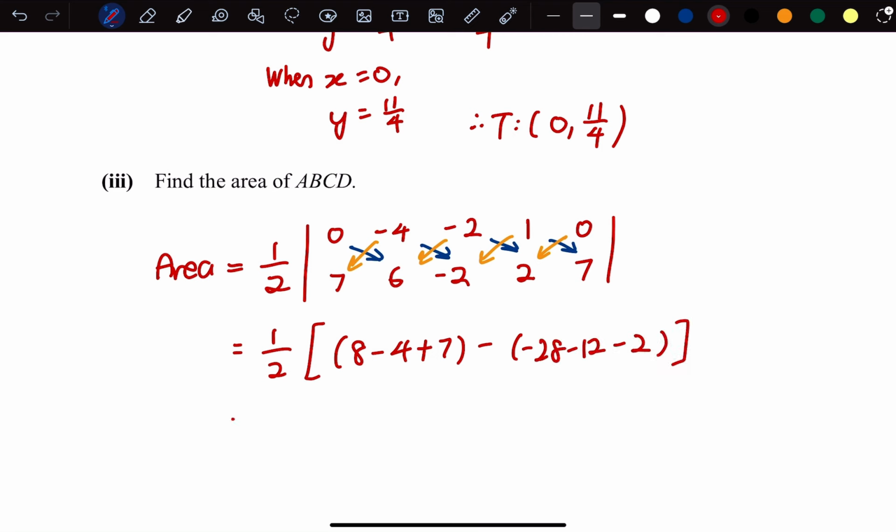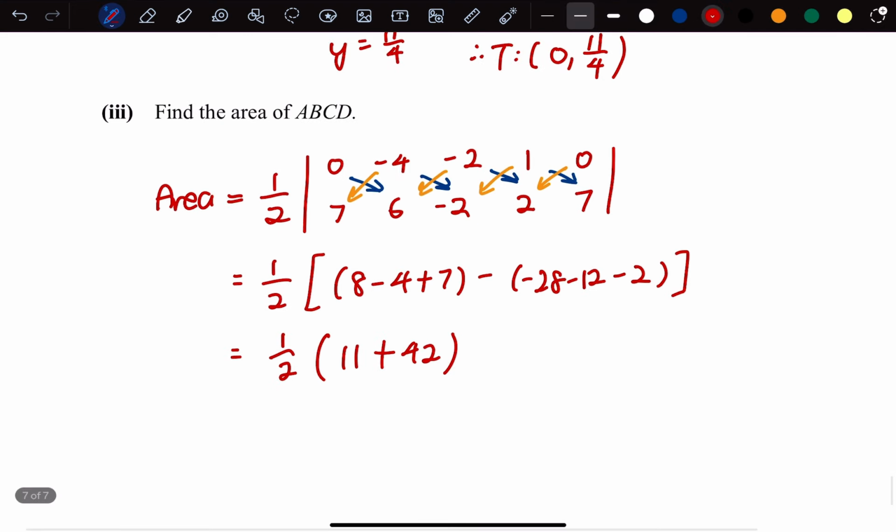Then I simplify from here: half times 8 minus 4, 4 plus 7, 11, negative 28 minus 12 minus 2, which is negative 42, which will be plus 42. And therefore 42 plus 11 divided by 2, my final answer should be equal to 26.5 units squared.